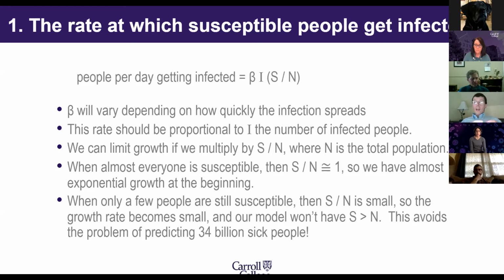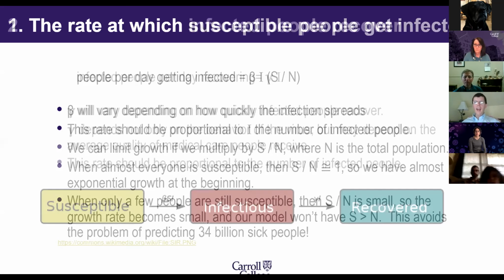But when most people have been sick and there aren't that many susceptible people left, then this fraction S over N will be small, and that will prevent our model from predicting 34 billion sick people. So again, the idea is, let's create a simple model, not one that includes all the possible effects, but something basic to just give us a sense of what might happen.